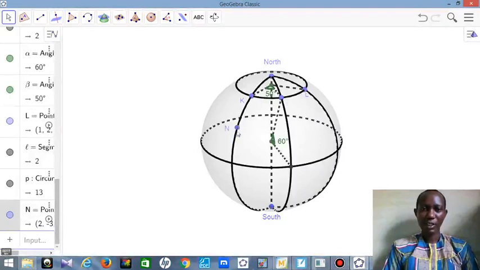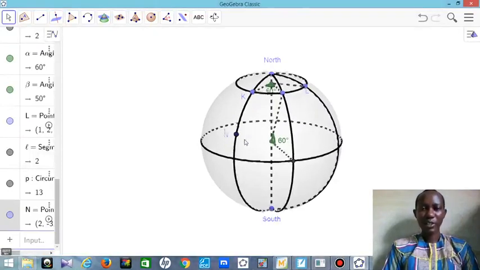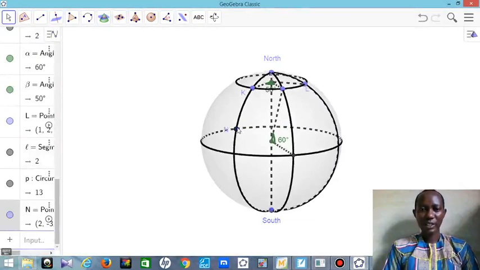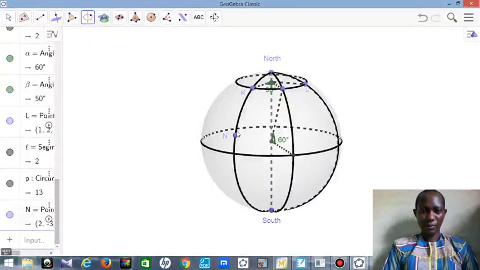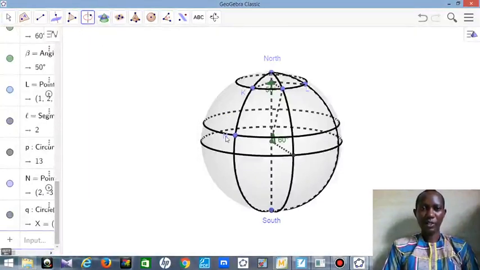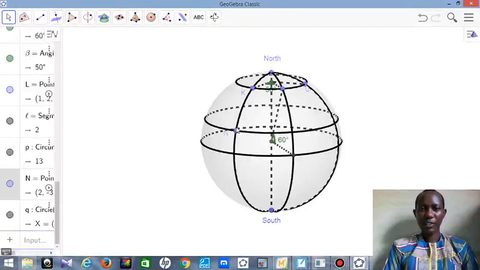So take note of this. It's not up. If it's up, that is towards north, but it's below K, which is south. But we can't say if it's on the north side of the sphere. If N is somewhere here, it's on the north side. Let me put the latitude so that you can see it well. So this is the latitude of point N. If it's here, it's on the north.